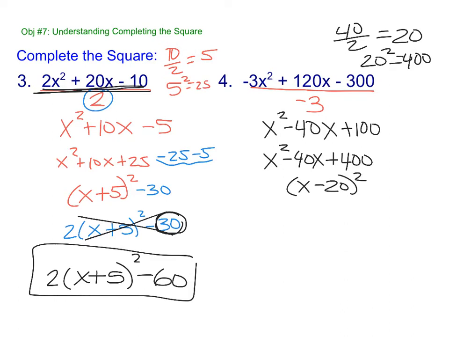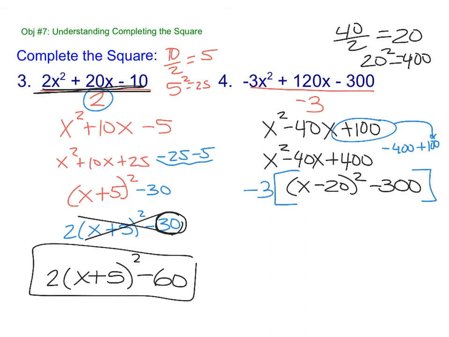Now, how do you get from 400 to 100? You subtract 300. Or again, I added 400 in, so then I subtract it and combine it with the term they gave me. That term goes right there. And then we have to put that negative 3 back into the problem. So negative 3 times (x minus 20) squared plus 900.